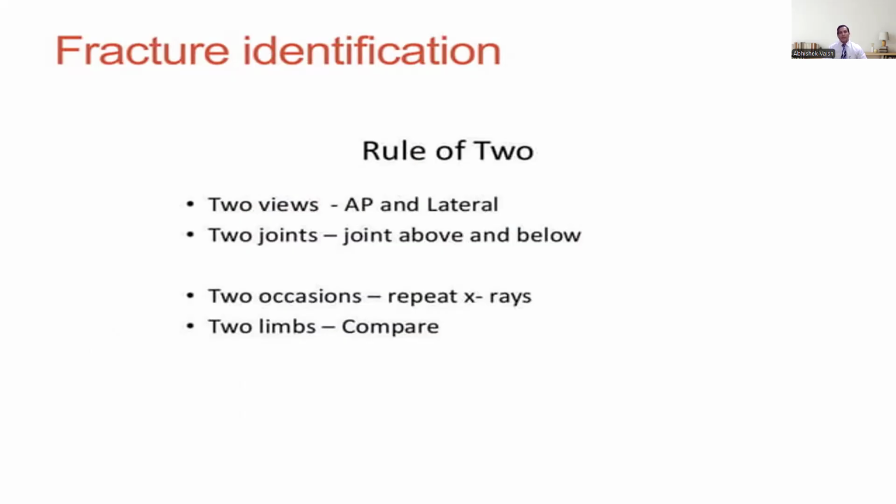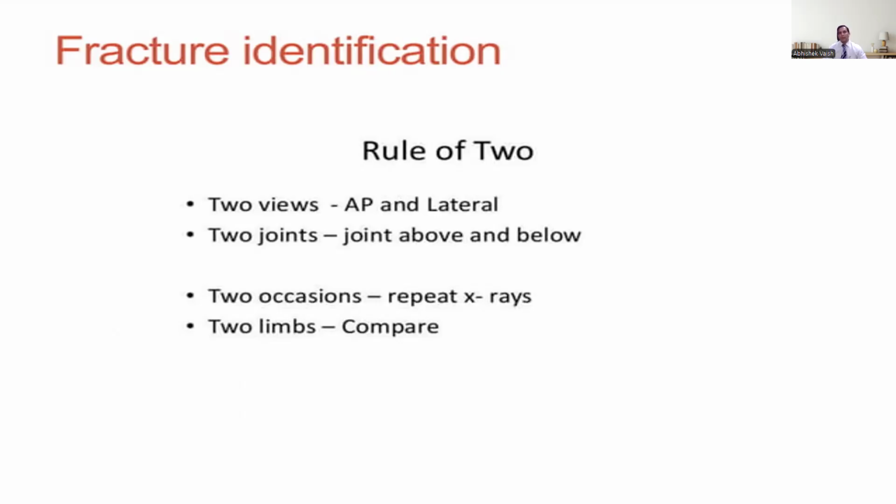For example, you are dealing with a distal radius fracture which you have reduced and put in a plaster. You should order a pre-reduction X-ray and a post-reduction X-ray, and also do an X-ray after maybe a week or 10 days to see if your reduction is getting maintained or getting displaced.